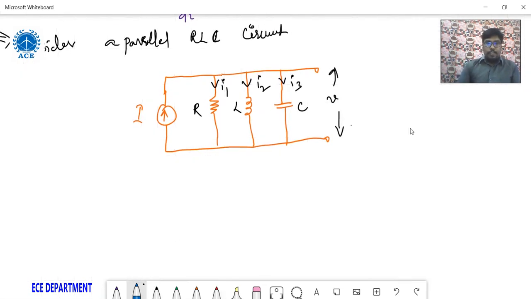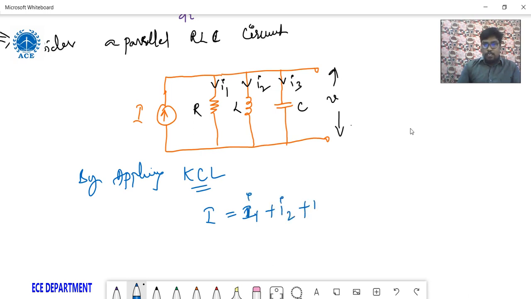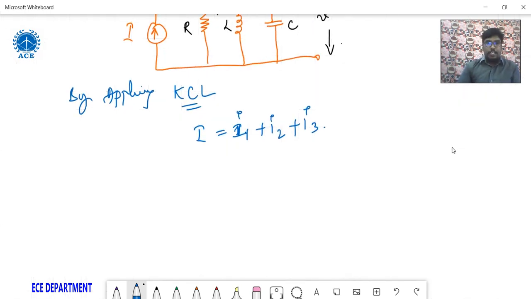So see here, writing the equation. By applying KCL to the network, I is equal to I1 plus I2 plus I3. Therefore I is equal to C dV by dt, V by R plus 1 by L integration V dt.